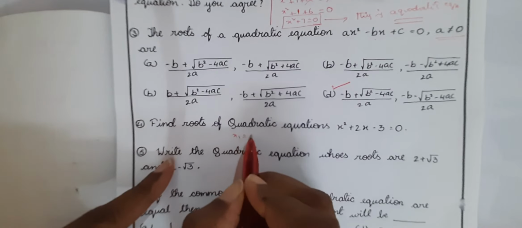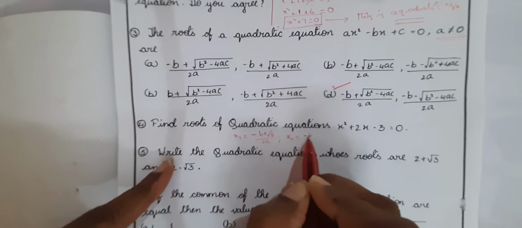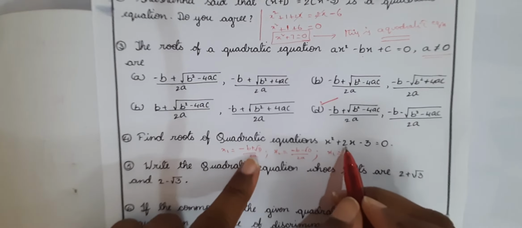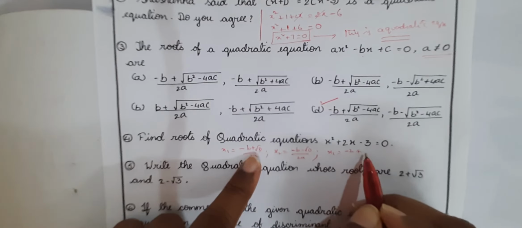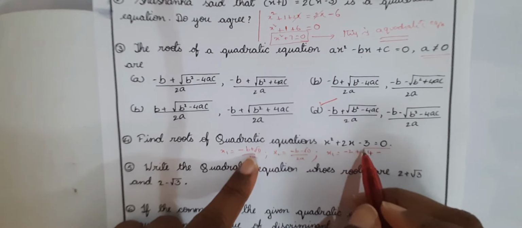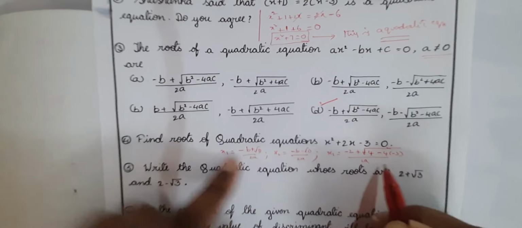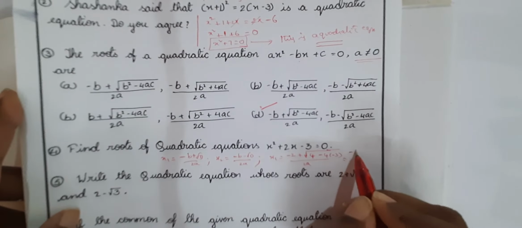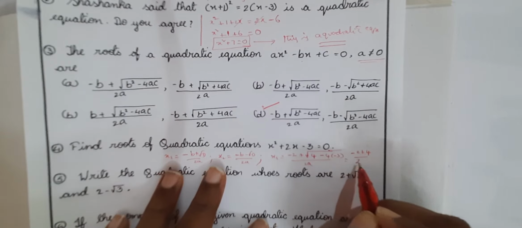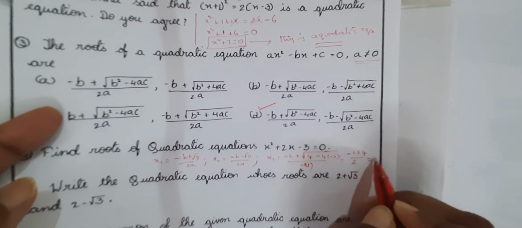Now x1 = (−b + √D)/2a and x2 = (−b − √D)/2a. So now x1 is one root: −b is −2, plus the square root of b² − 4ac, which is 4 − 4 × 1 × (−3), that is 4 + 12 = 16, whose square root is 4, all over 2a. So −2 + 4 is 2, divided by 2, which is equal to 1.